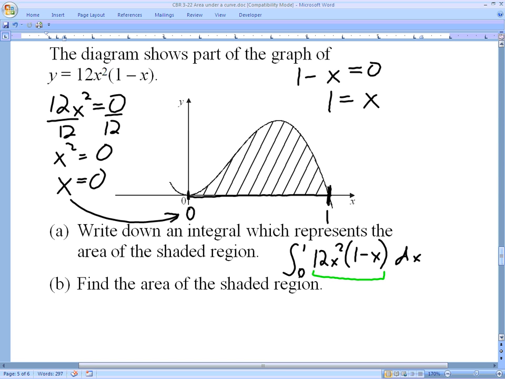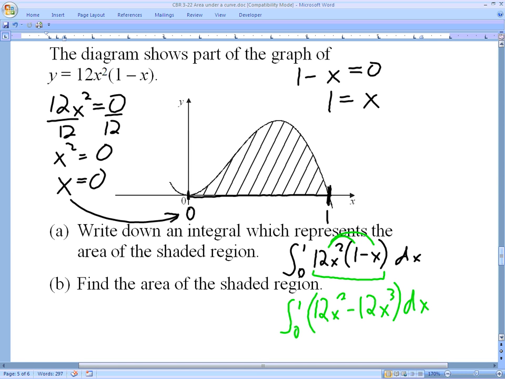So I would recommend distributing this. So we could rewrite this whole thing as the integral from 0 to 1 of 12x squared minus 12x cubed, and I got that just by distributing, all dx. And if you'd like to, you could put that in parentheses to separate it from the dx.